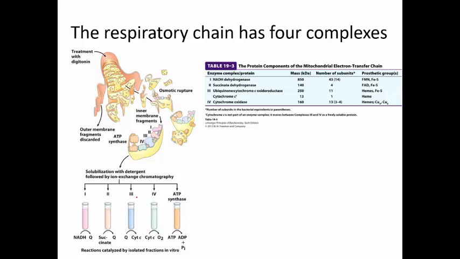If you then treat the 5 important ones with different reagents, you'll figure out that one of them can convert NADH to Q, one converts succinate to Q, one converts Q to cytochrome C, the other converts cytochrome C to oxygen, and the final one makes ATP.